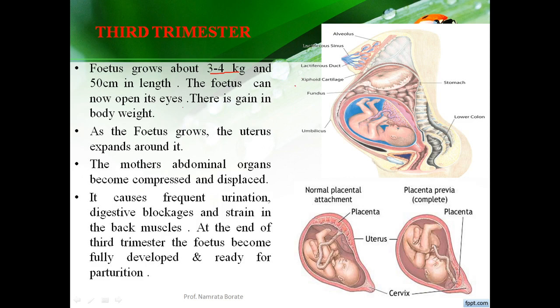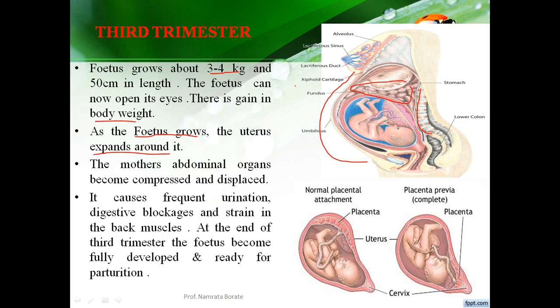There is a gain in body weight, and the body weight goes on increasing. As the fetus grows, the uterus expands more. Due to the expanding uterus, the mother's abdominal organs, such as the intestine, and the backbone, meaning the vertebral column, become compressed.